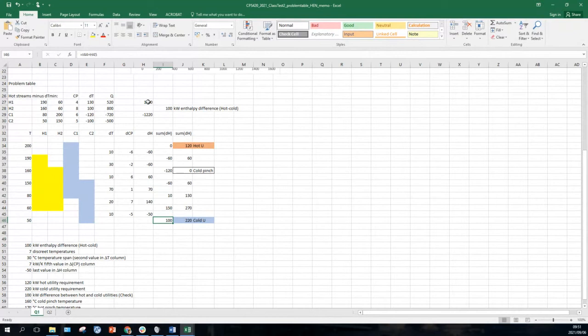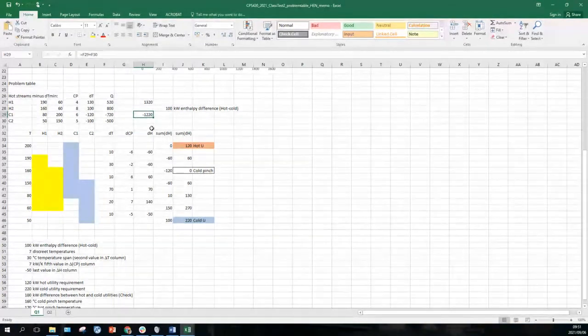Here I've added up all of the hot enthalpies. Adding up those two Q's, 1320. And here I've added up these two. That's 1220. And the difference, of course, is 100. So there's more enthalpy in the hot streams than in the cold streams.